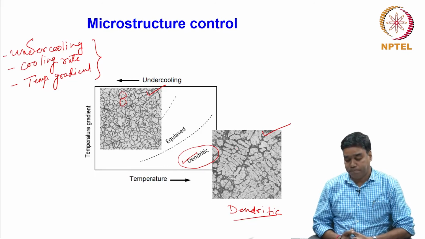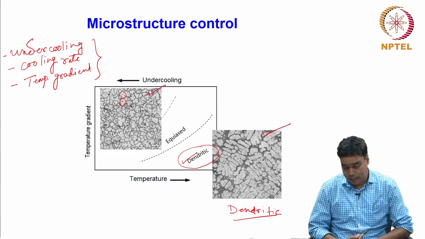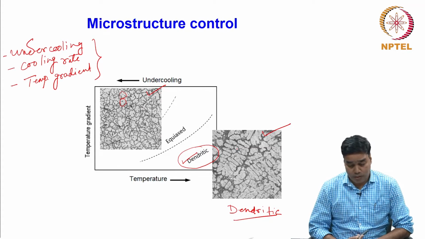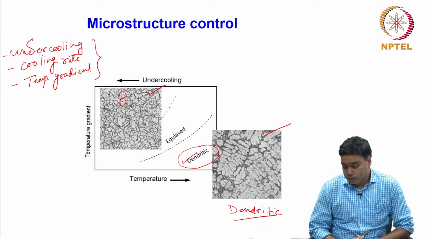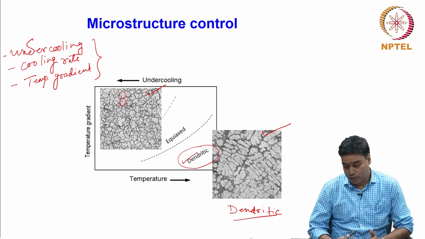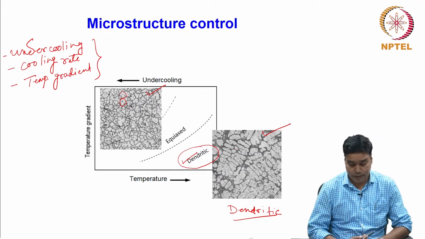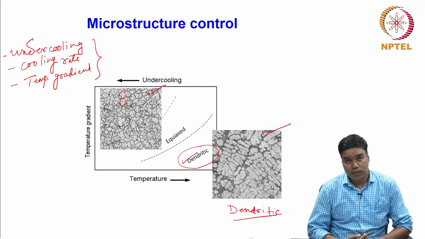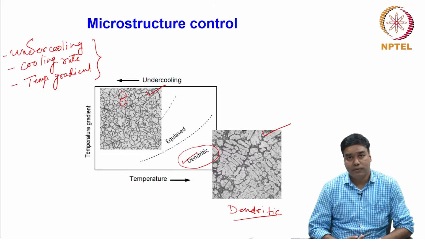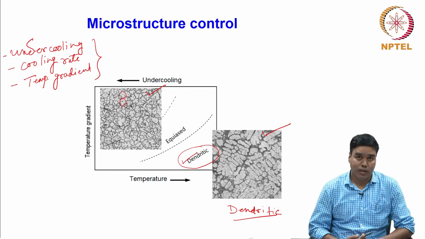Now that we have been talking about these dendrites and they are shifting towards equiaxed, it is also important to understand at this juncture as to why these dendrites form in the first place, or what are those conditions during solidification that would lead to formation of dendrites in a metal while it is being solidified.